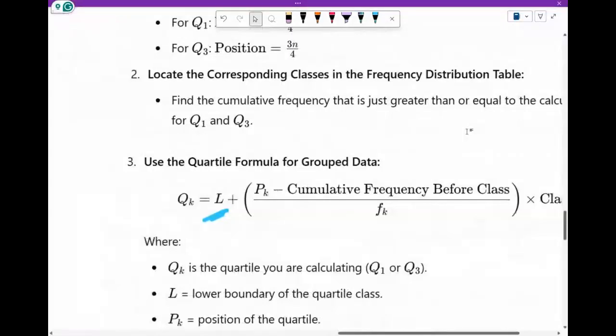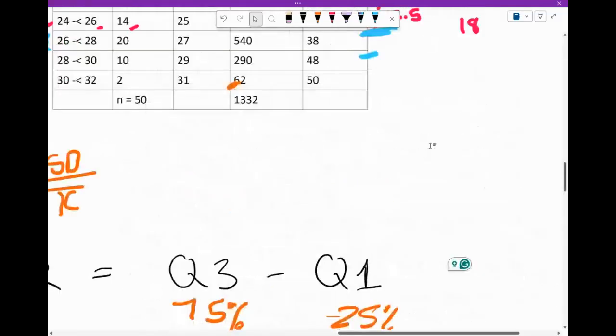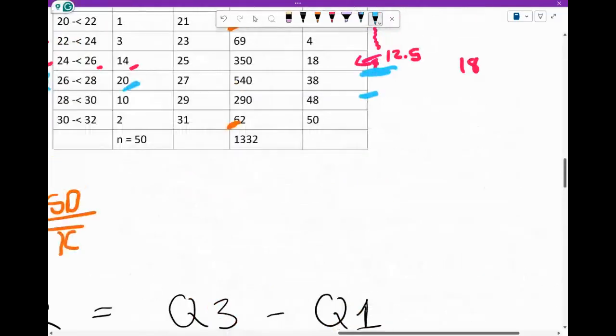And by here, we're going to have Q3, which is 37.5, isn't it? What we calculated via the positioning. And then what was the frequency for this class? It is 20. Okay?